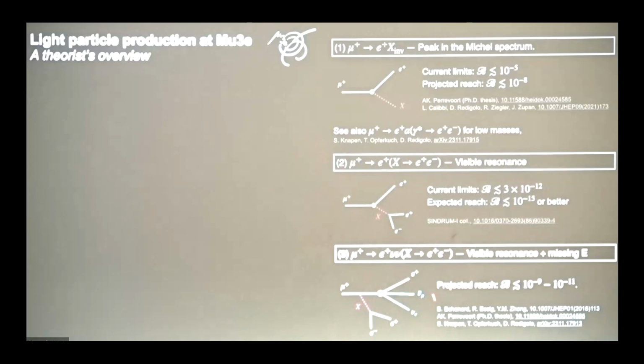The final state now has missing energy, making this a lot more challenging. As far as I know, there is no search for this channel with a new resonance in muon decays, but through this great series of work here, you can see that there's a possibility to probe new unexplored parameter space in dark photon models, for instance, which is very exciting.